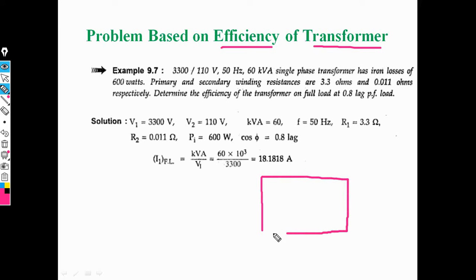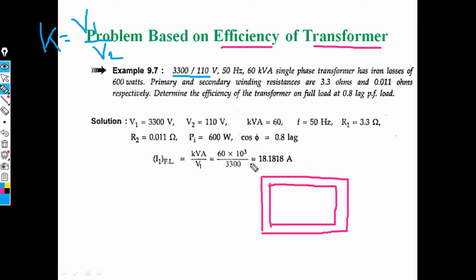This is the single phase transformer here. The voltage ratio, that is V1 by V2, is K. This is the primary winding, and this is the secondary winding. Now V1 is 3300.